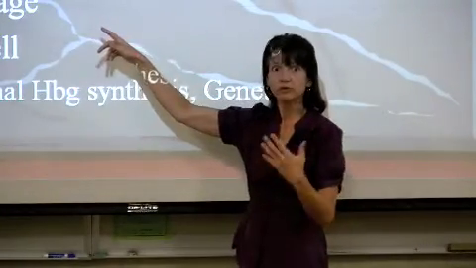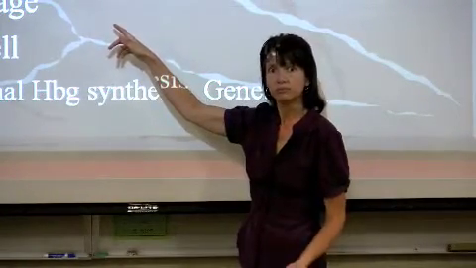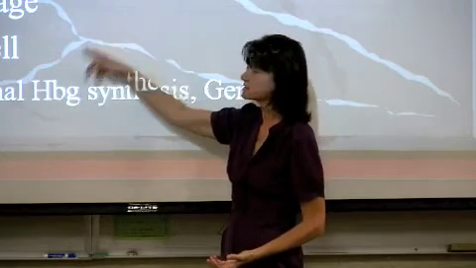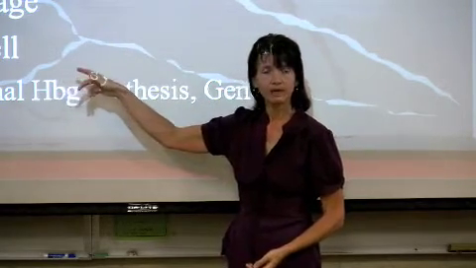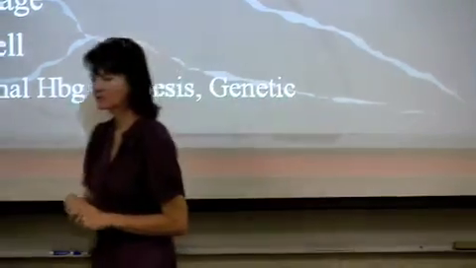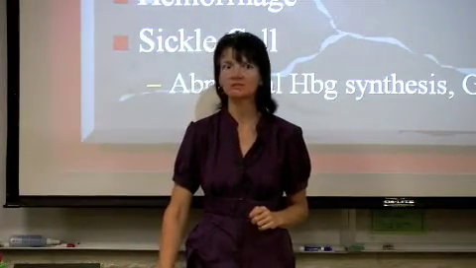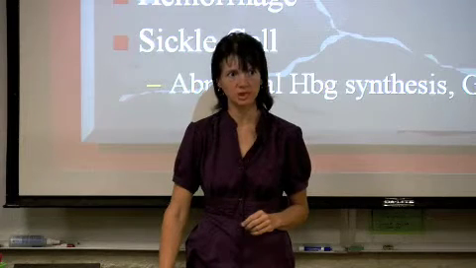Hemorrhage. If you lose blood, that could be a cause of anemia. Sickle cell. Okay, in sickle cell anemia, that can be a cause. We'll probably try to look at those slides if we can. Sickle cell is genetic. It's autosomal recessive. You have to get the gene from both parents for it to present.